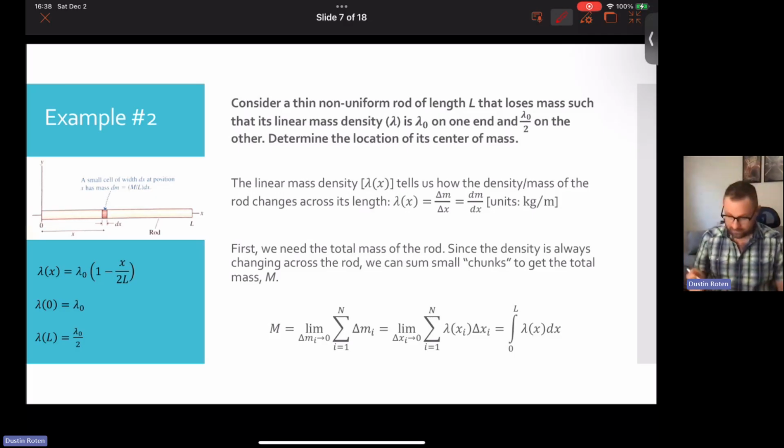So what that means is essentially there's some sort of mass, it's got some sort of density to it on one side here. We don't know what the value is, we just know it's lambda naught. And then by the time we get to the other side, it keeps getting less and less dense. So maybe it starts on one side as like some object of granite, and by the time it gets to the other side, it's more like an object of styrofoam.